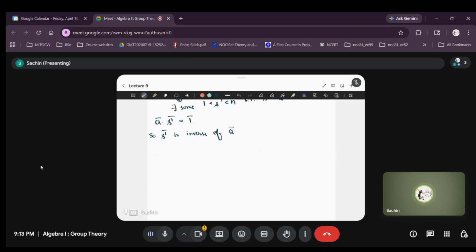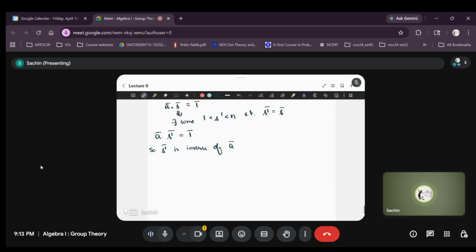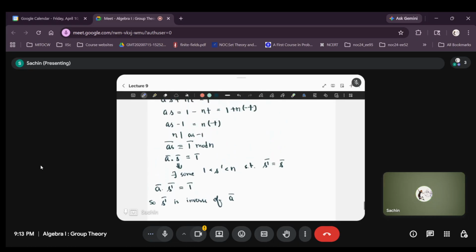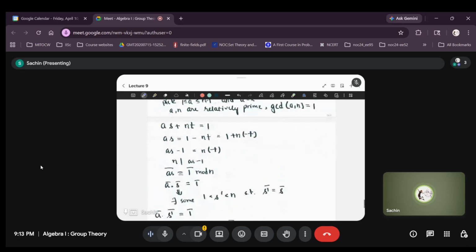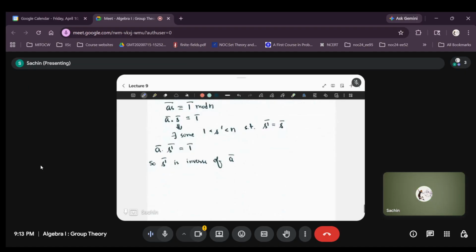So if you know that, we can show that Z mod nZ is an integral domain when n is prime. So once you know that, then from there also you can show that it is a field. Of course, showing that is also something that's non-trivial. You will have to write a proof for that.